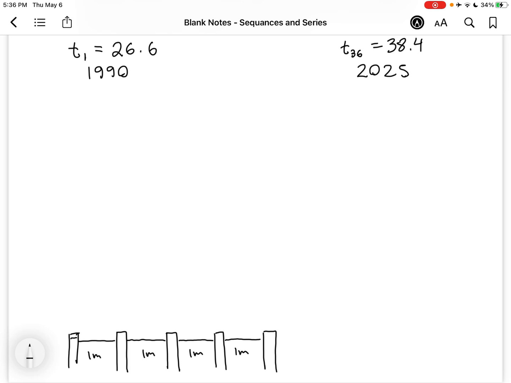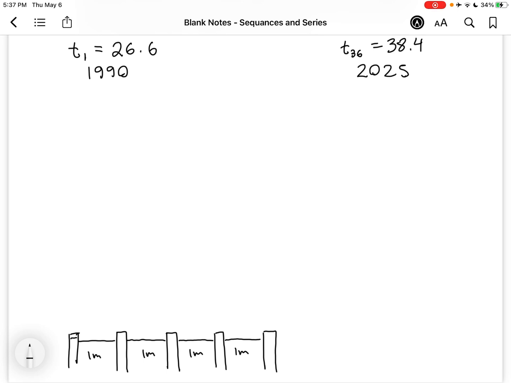It would be 1, 2, 3, 4 panels. But sometimes you need to count the fence posts, and there are actually 1, 2, 3, 4, 5 fence posts. So the length of the fence is 4 meters, but the number of posts is actually 5 posts for a length of 4 meters.